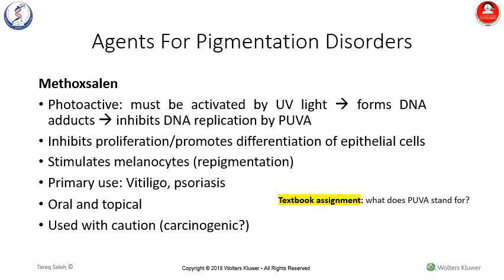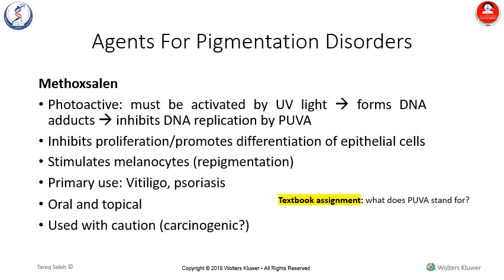Methoxsalen is a photoactive substance that stimulates melanocytes and is used as a repigmentation agent for patients with vitiligo. So the action of methoxsalen is the opposite of hydroquinone. So how does it exactly work?